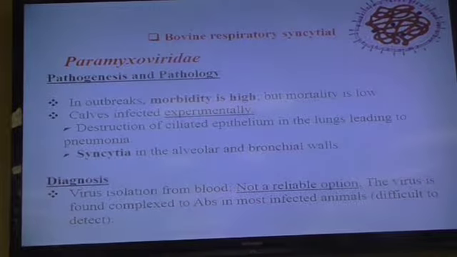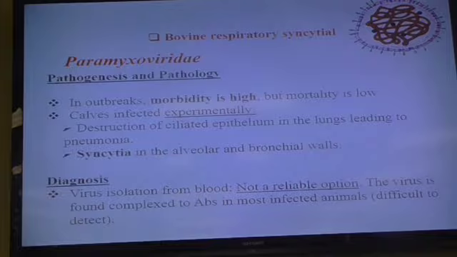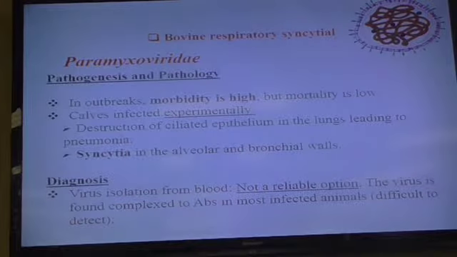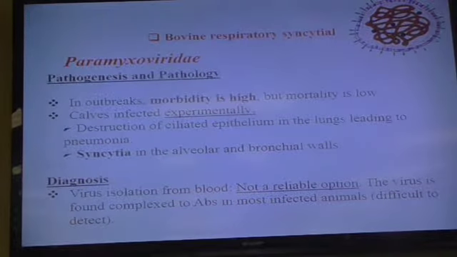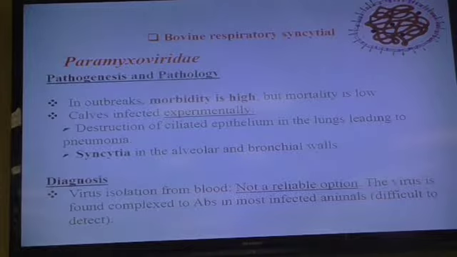Now, for diagnosis, as I said, the animals are carriers, so the virus is present in blood and can be isolated from blood, although this is not a reliable option. The reason is that when you have carrier animals, it's likely that you have immune complexes, which would interfere with a number of tests.